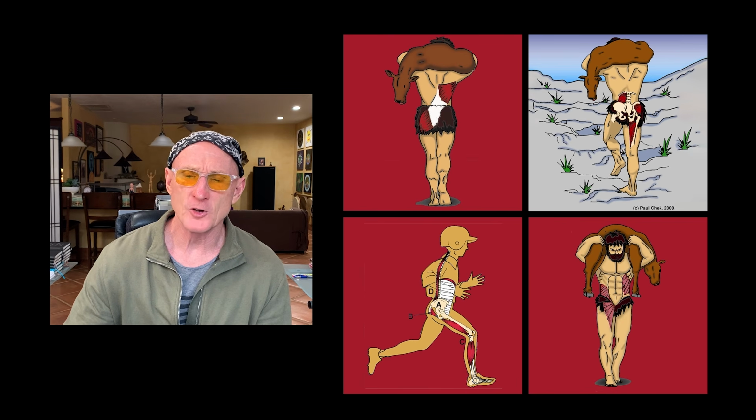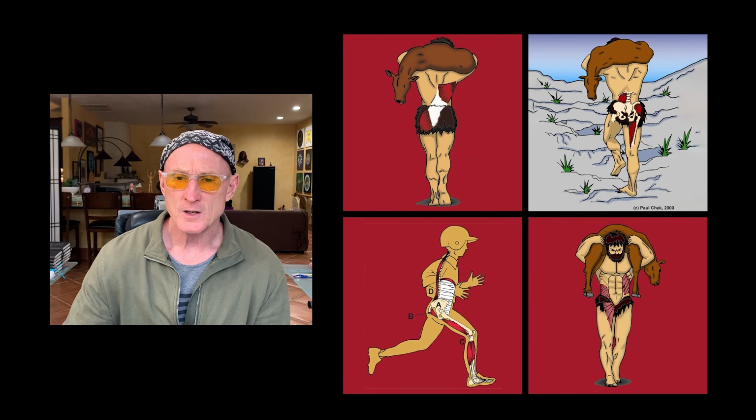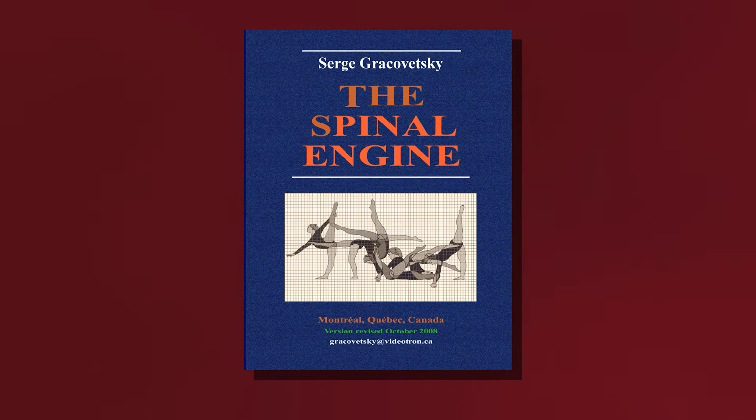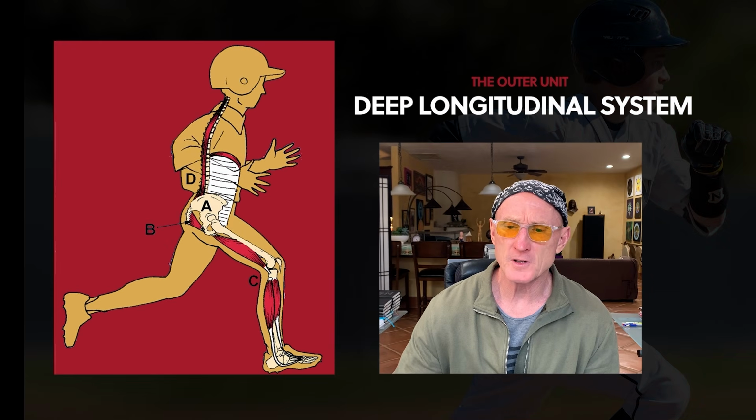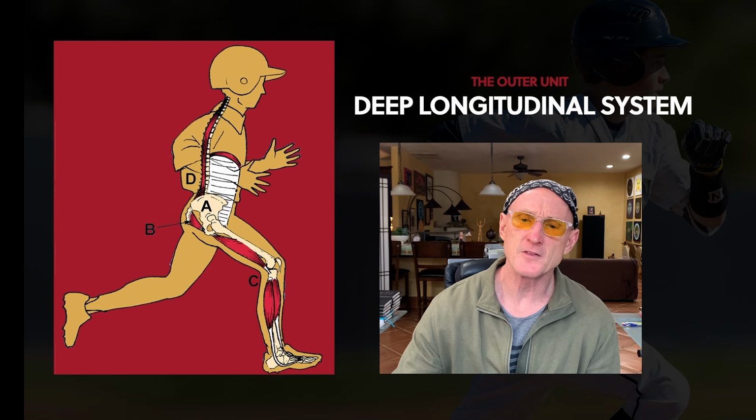Now, this system down here, called the deep longitudinal system, is probably one of the more recent ones that are identified, but what the research showed, and people like Serge Gracovetsky, who wrote The Spinal Engine, and others have written extensively about this. Here you have muscles that go from the great toe, and these are the peroneal muscles, and connect into the lateral hamstring, which then puts tension through the sacrotuberous ligament, and that tension crosses through the sacroiliac ligaments and influences the erector spinae on the opposite side, which goes all the way up to the head.